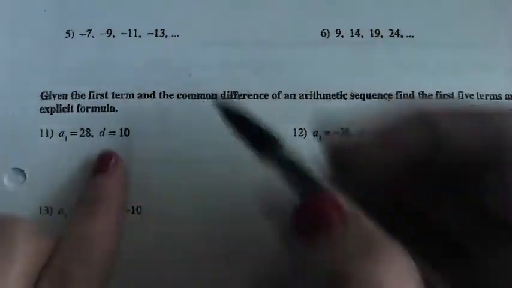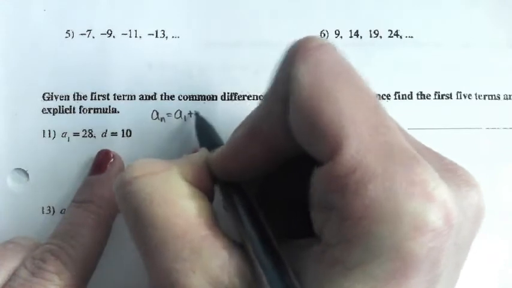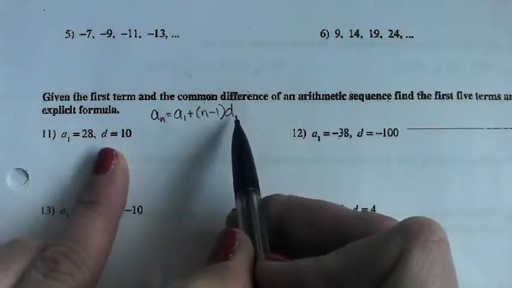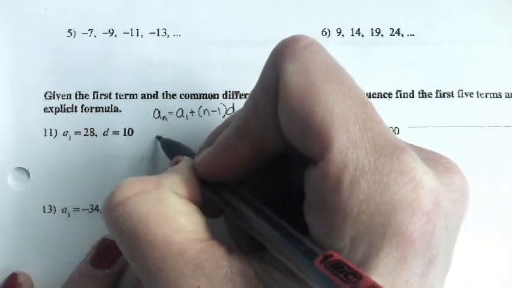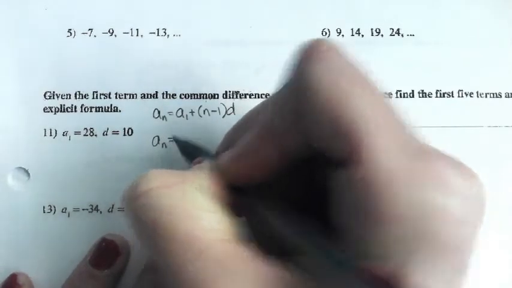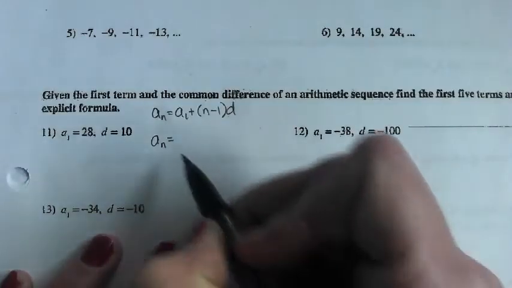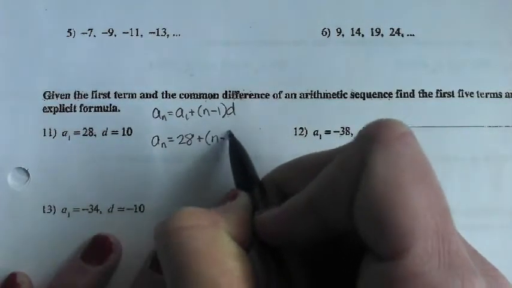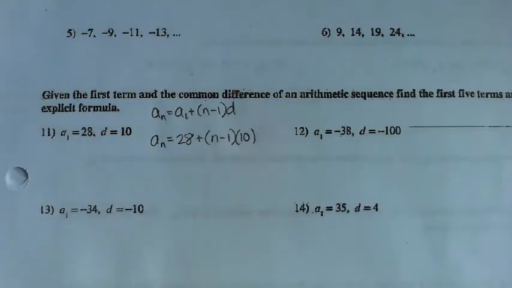So the explicit formula comes from the formula that you will be given on your reference sheet. If you're writing a formula for any nth term, you just plug in what you know, which is the first term and d. So if I plug in the first term of 28, and I plug in a d of 10, that's an explicit formula.